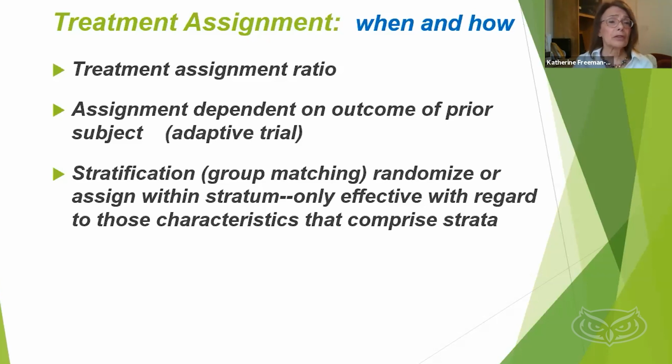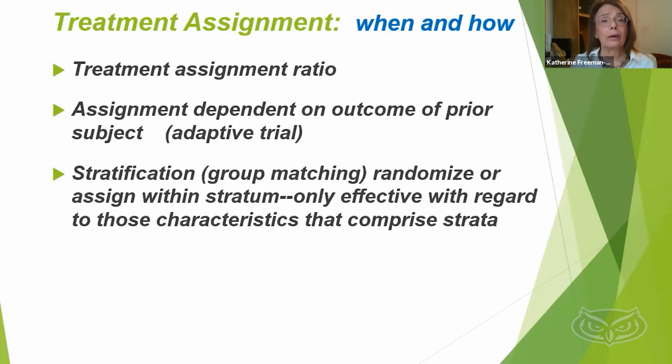So if the patient is originally assigned by flip of a coin to treatment A, they're followed, and if they're a success, the next patient is assigned to treatment A, until some patient in the future fails, at which point the next patient is assigned to treatment B. This is an example of a trial, and I could see doing this in COVID with regard to the various types of diagnostic tools for COVID infection, and also serology.